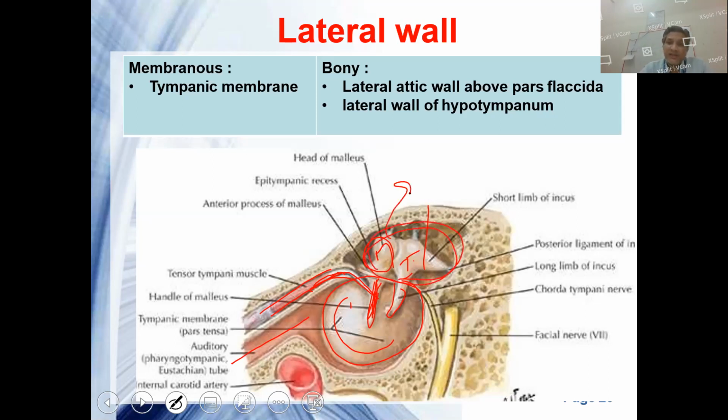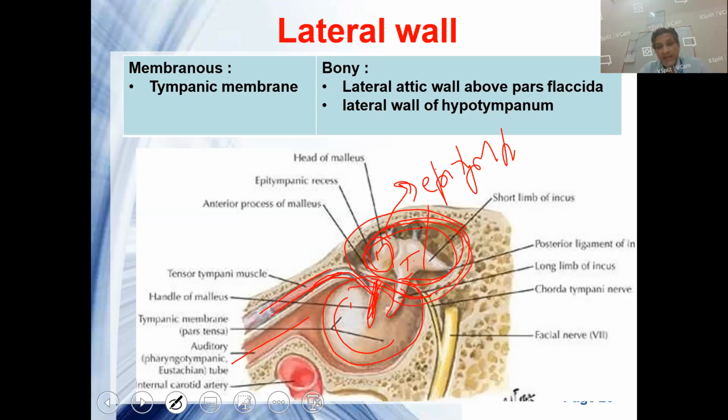Again I will reinforce, this is the epitympanum. To look at the epitympanum, this is a great diagram. Most of the malleus and incus lie in the attic part, and you will not be able to appreciate them against the tympanic membrane.